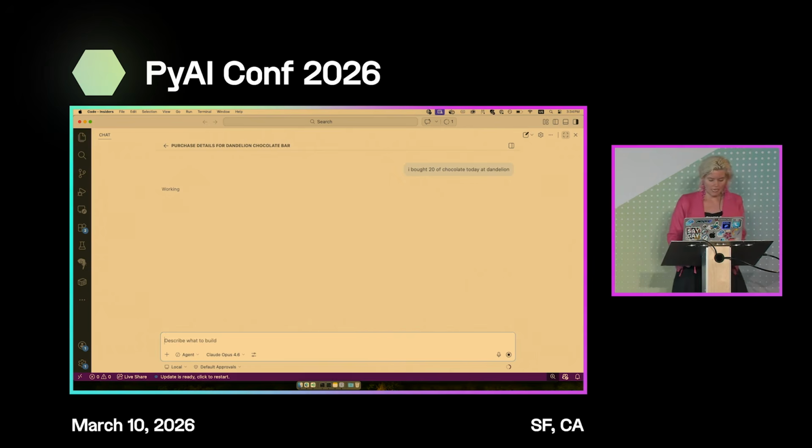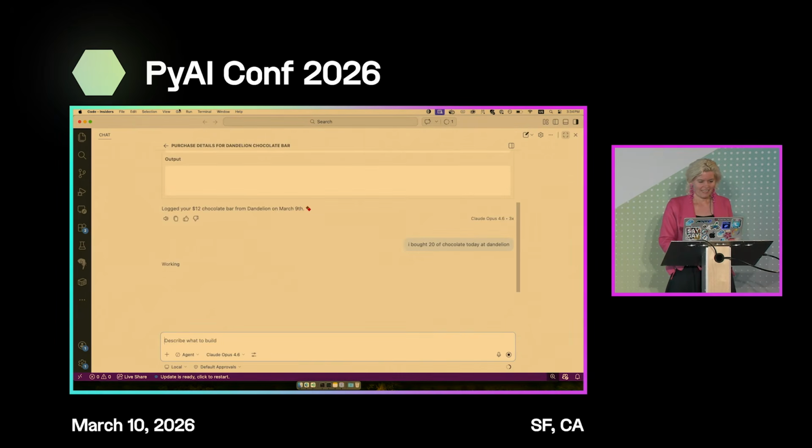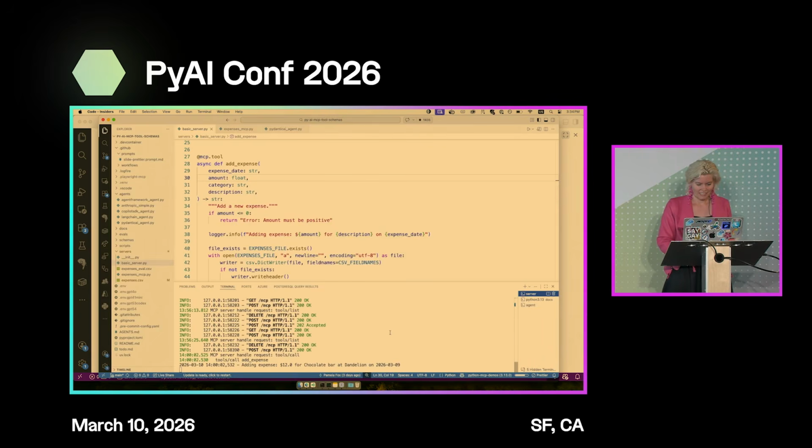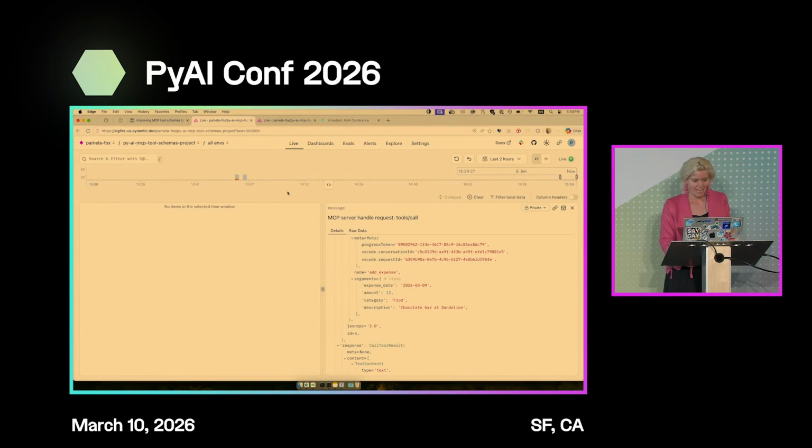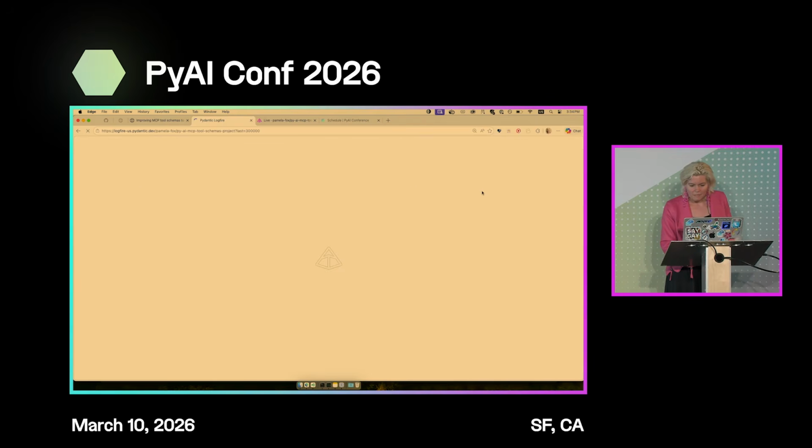All right, so then that should send a call out to our MCP server, which is running over here. Here we go. Reasoning, it's got to reason about it. All right, it's running, and then we're going to do just the last 5 minutes.